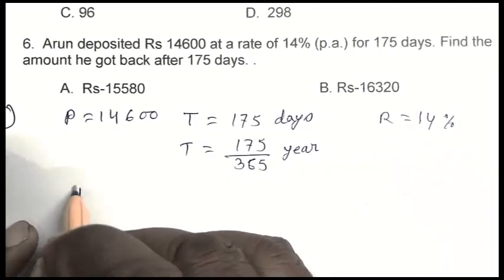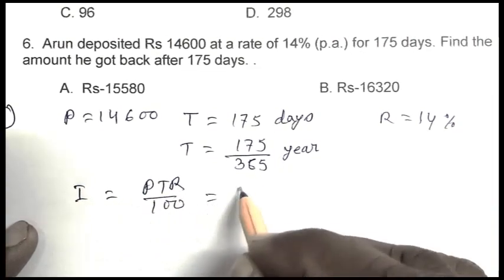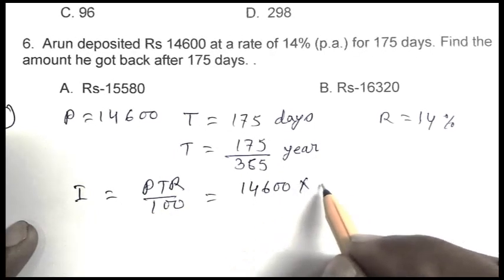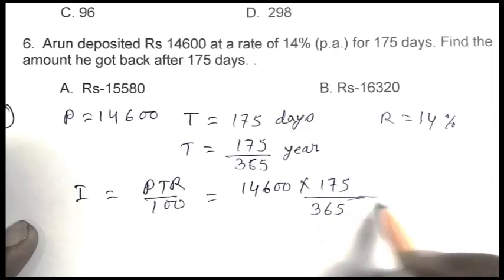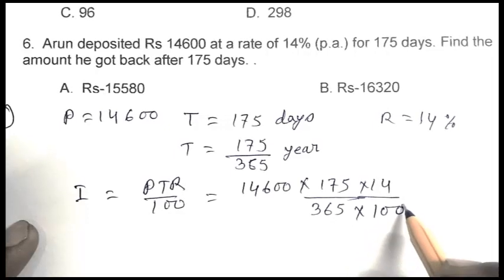So interest is PTR by 100, that is 14,600 into 175 by 365 into 14 by 100.